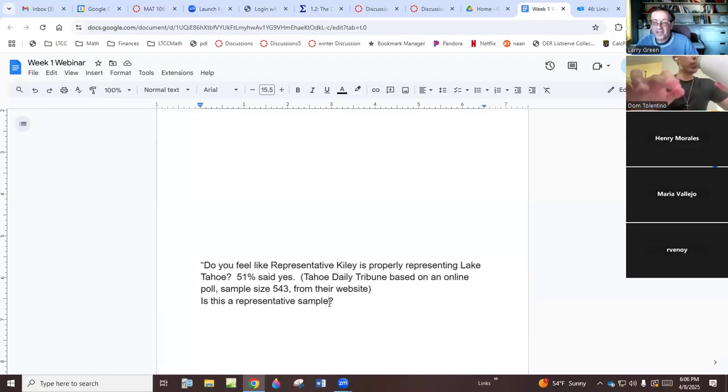They had a sample size of 543, and basically it's on their website. You click the answer, and it collects your answer. What do you think? Do you think this is trustworthy, accurate results? And what we'll call in statistics, is this a representative sample? Is another way of saying that. What do you think? I don't see you popping in the chat box.